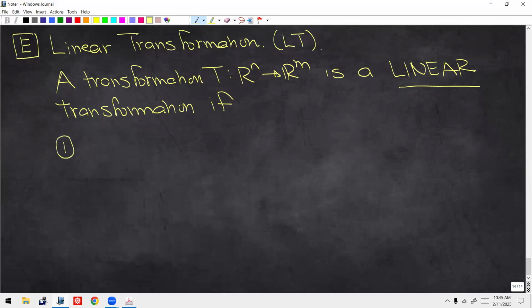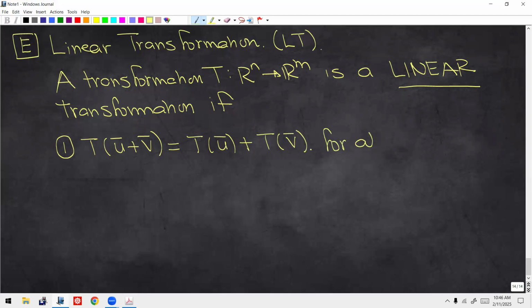The first condition is T of u plus v. Just so you know, what we're going to write down is exactly what we say when we call it a linear operator. I'll come back to that. When you transform a sum of two vectors, you get the transformation of the first vector plus the transformation of the second vector, for all u, v in Rn.